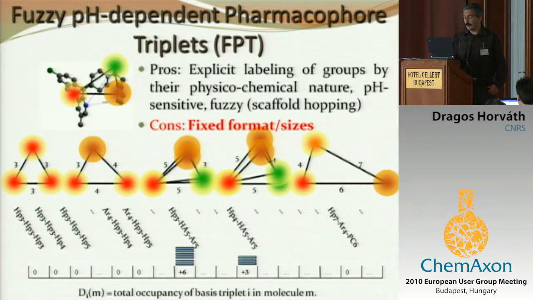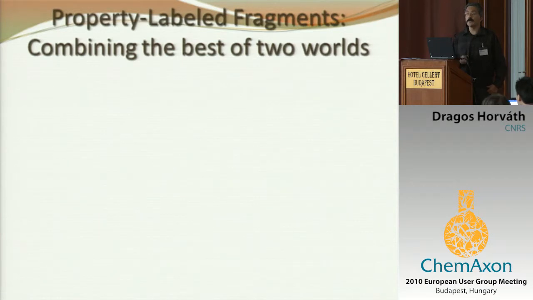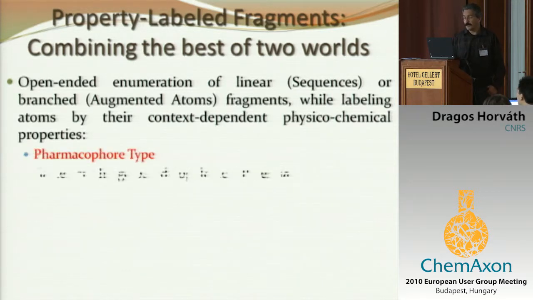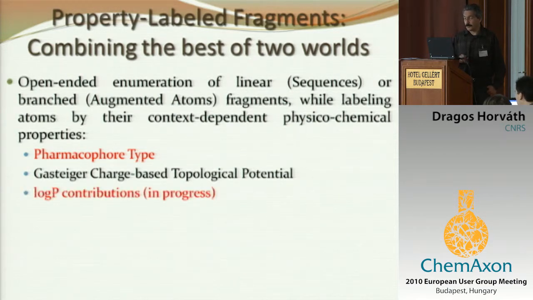So the idea is straightforward. Why should we marry them? Combine the best of the two worlds. So use the open-ended enumeration of sequences and branched fragments. We call this Augmented Atoms. But we can use context-dependent labeling: pharmacophore type, charge-based topological potential, log P contributions.